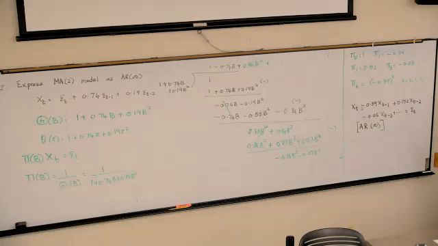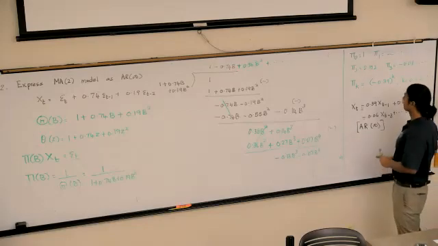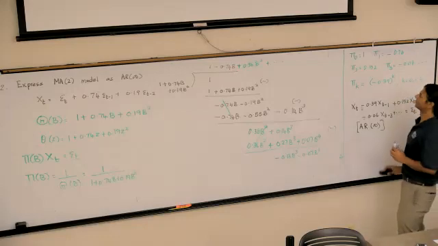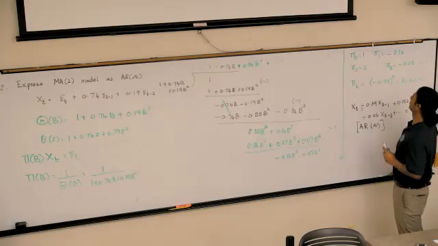What is pi 0? 1, as always, right? Pi 1, negative 0.74. Pi 2, positive 0.36.